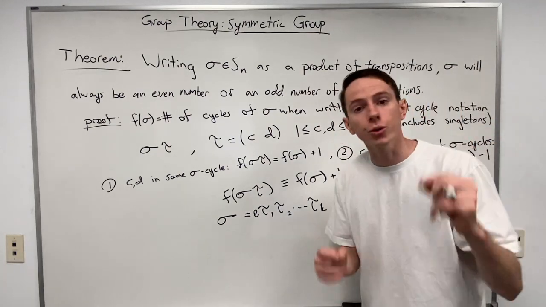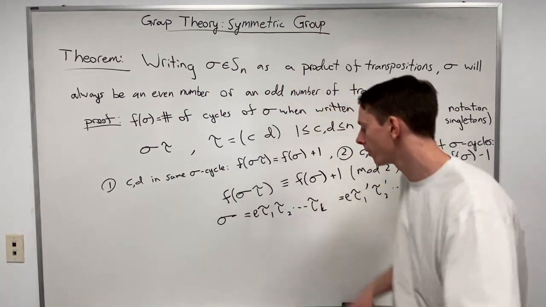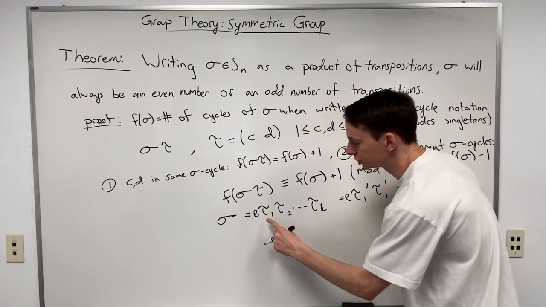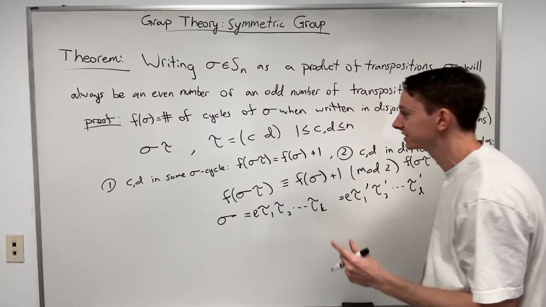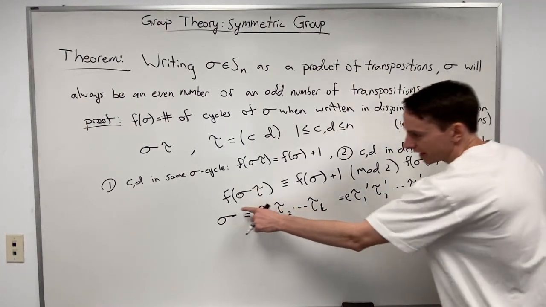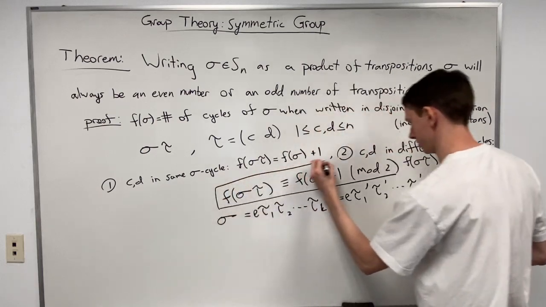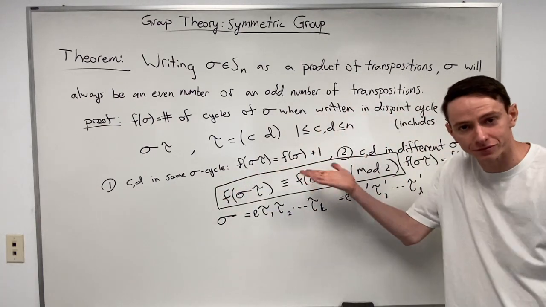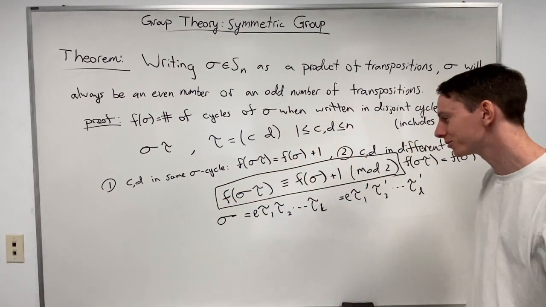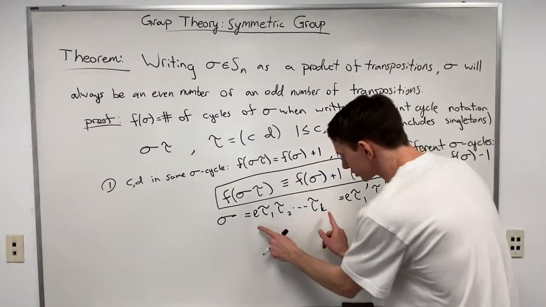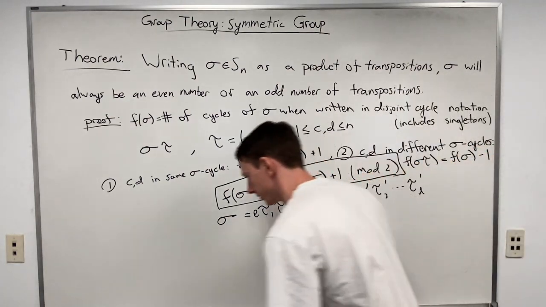And we already know how multiplying by one transposition is going to affect the sign, because that's what we've established. We've established this result right here. That's what we've spent the past half hour doing. So let's start with this first decomposition right here.